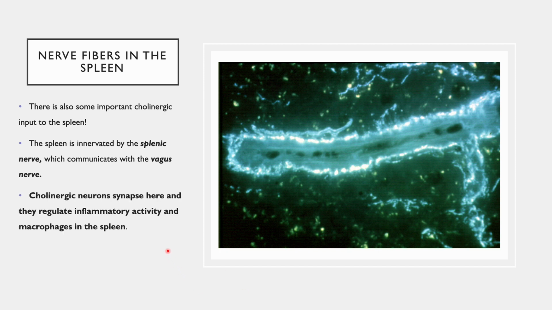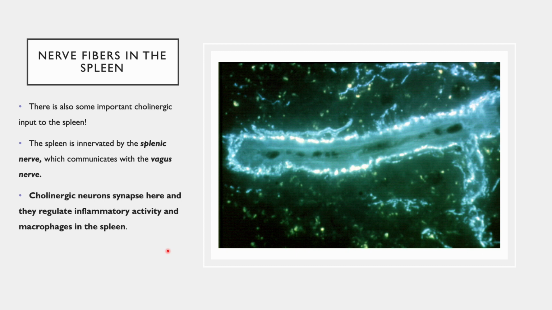Cholinergic neurons can actually synapse onto the spleen and regulate inflammatory activity in macrophages in the spleen. I've briefly discussed macrophages before when we talked about microglial cells in Chapter 2. If you remember, microglial cells function as the brain's resident immune cell because they can perform phagocytosis when bacteria or pathogens potentially enter the bloodstream to the brain.